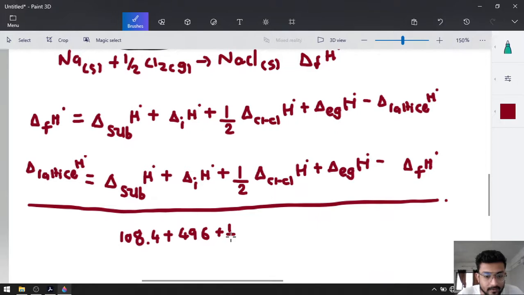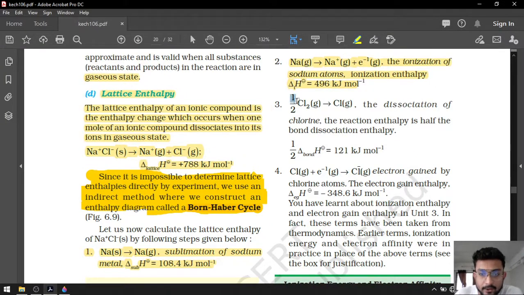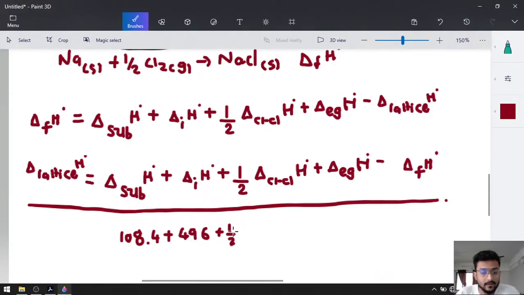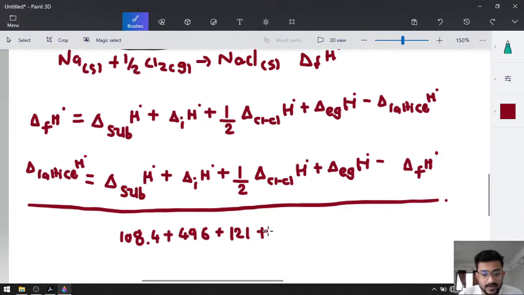After that, 1/2 of the bond dissociation of Cl2, so 1/2 of the bond enthalpy, which is 121, is cancelled out, and the whole value is 121. Plus electron gain enthalpy. Look at this, electron gain enthalpy is minus 348.6 for chlorine, so instead of plus, there will be minus 348.6.